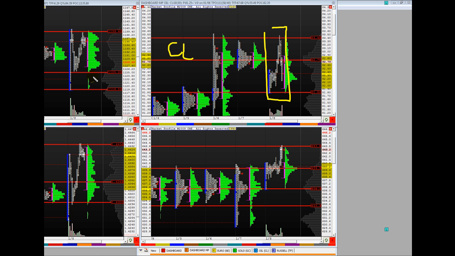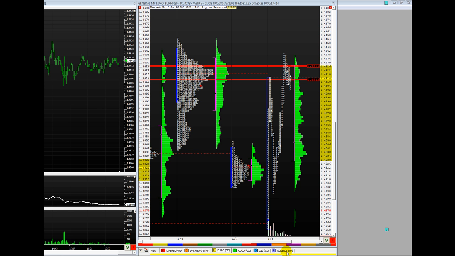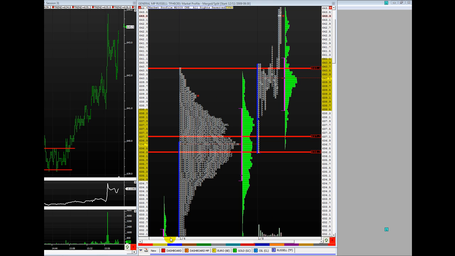This is gold GC. This is the euro 6E, and this is the Russell TF. And I also, on the other screen, the dashboards are only 2 screens, by the way, but on the other screen I have composite profiles, so they're all attached together, kind of like, let's look at the Russell, this composite, but many of them.